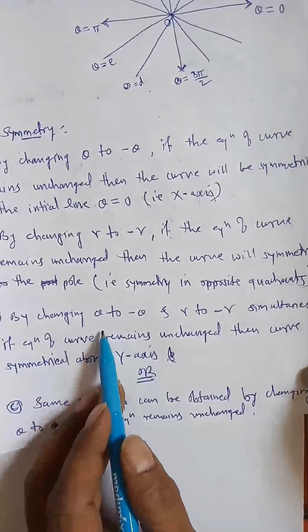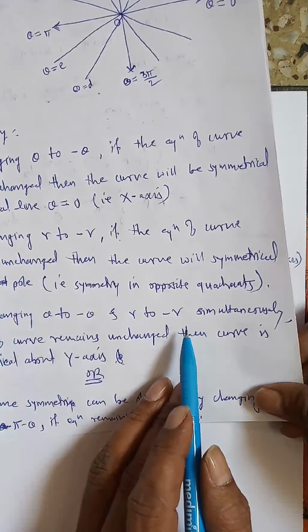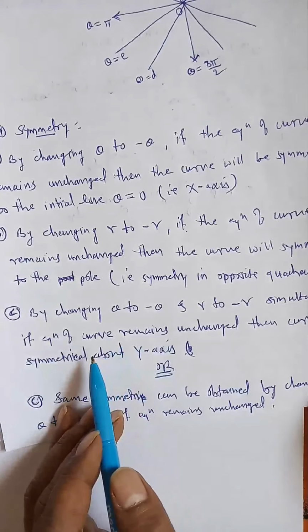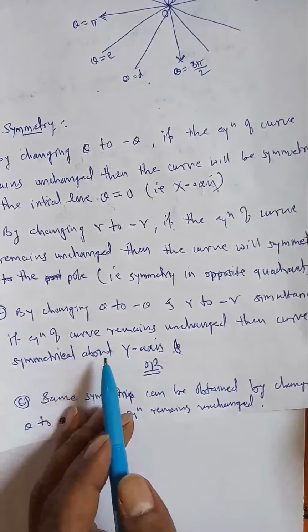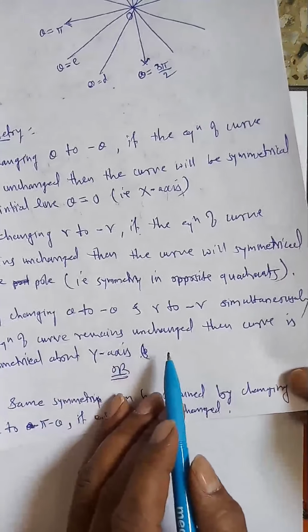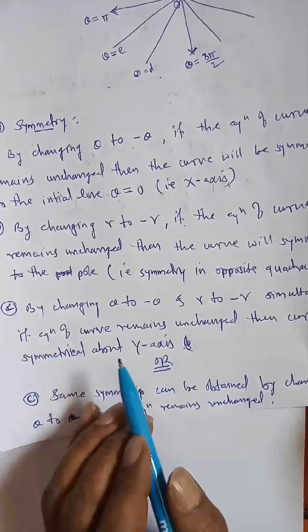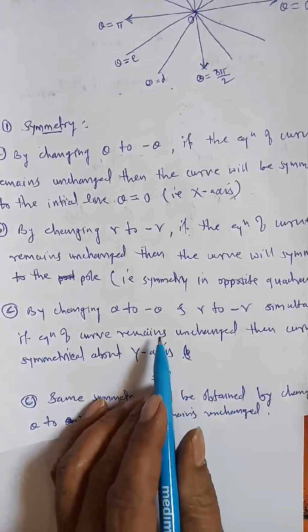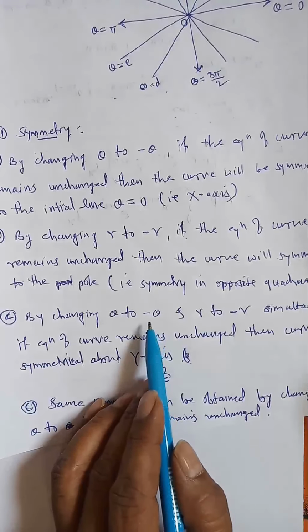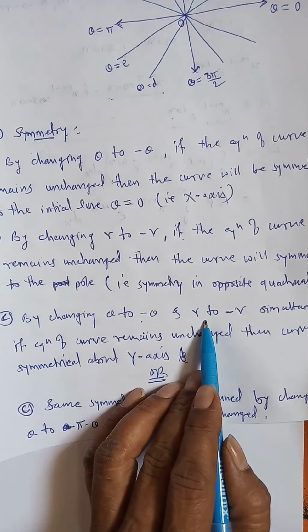Third, if we replace theta by minus theta and r by minus r simultaneously, and the equation of the curve remains unchanged, then the curve is symmetrical about the y-axis. Sometimes after changing theta to minus theta and r to minus r, the equation may change.